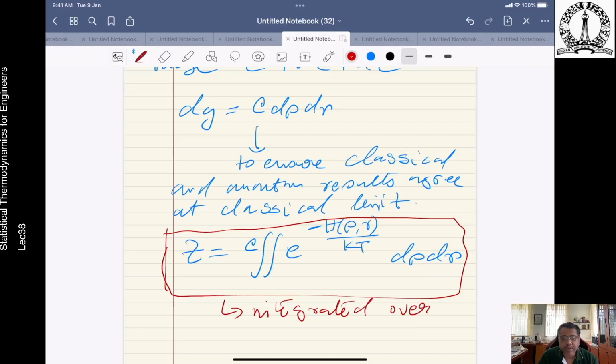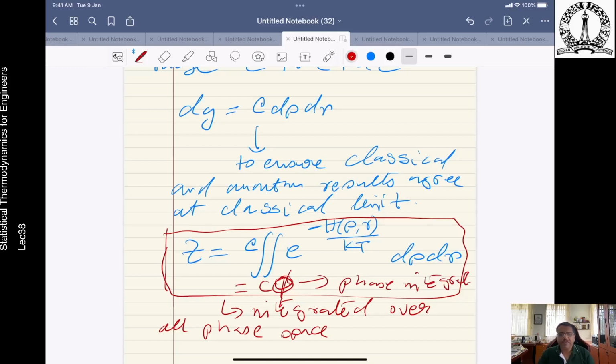This can also be written as C phi, and this is called the phase integral.